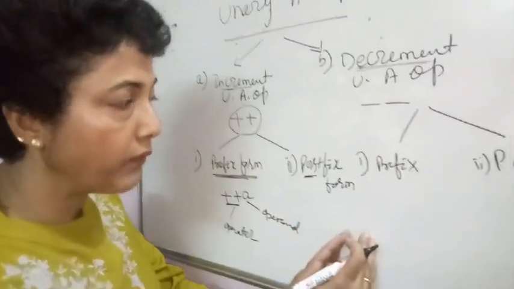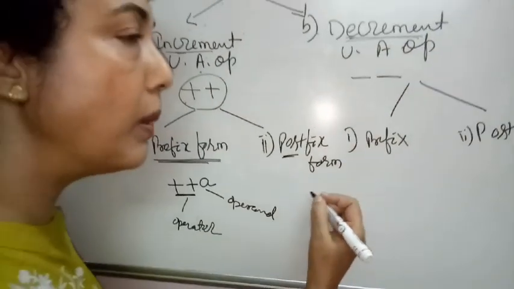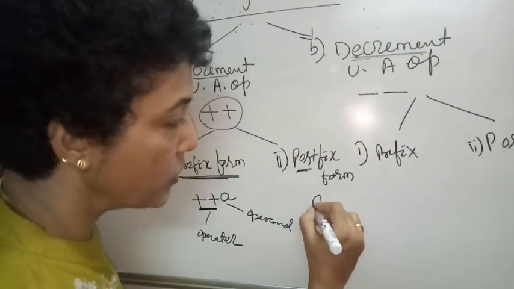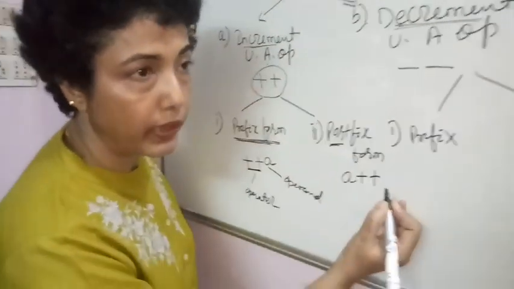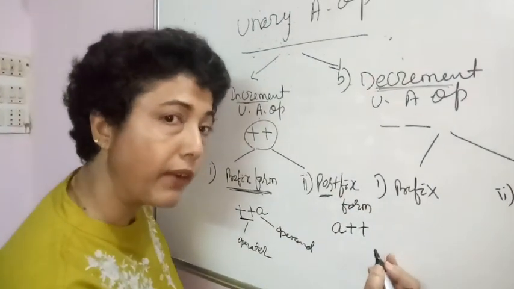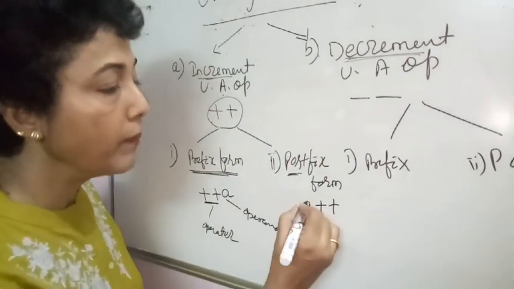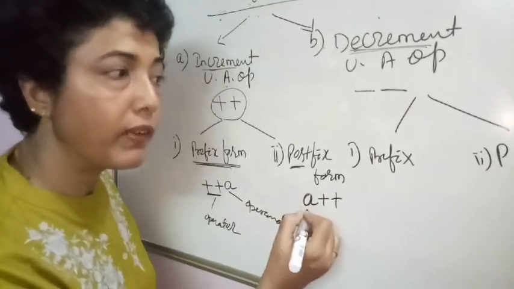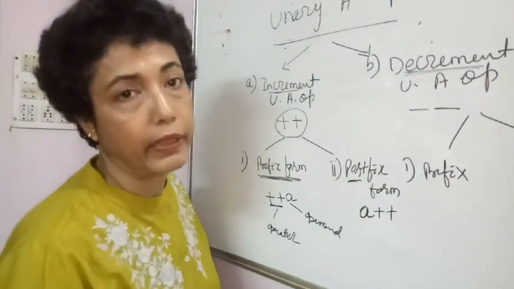Just the opposite of this, in the postfix form, this operator will come after the operand. So this is your operand, the variable, and it appears after it. Because it is appearing after the operand, for calculation the current value of this variable will be taken, then it will be increased.